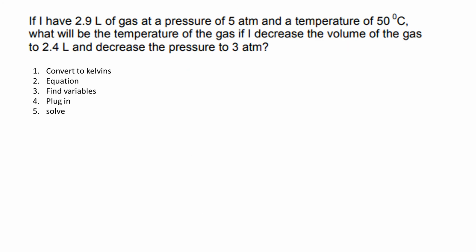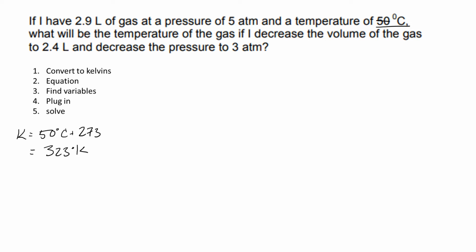Okay, let's do another one of these gas law problems. First thing to do is to check for kelvins. I have 50 degrees Celsius. So kelvins is found by adding 50 degrees Celsius to 273. This is clear, 273 plus 50. I got 323 kelvins.